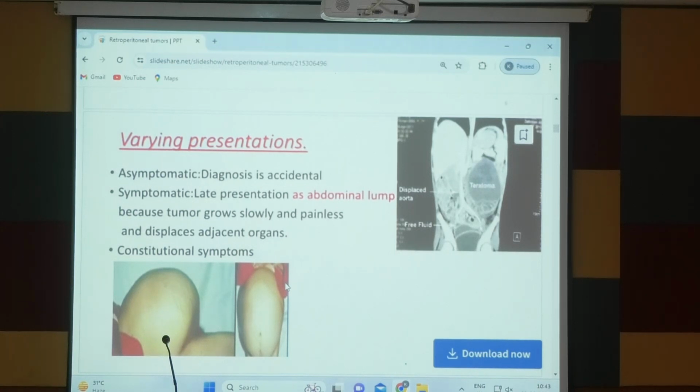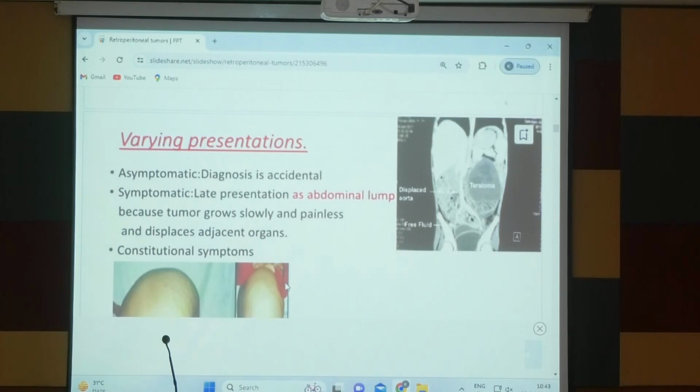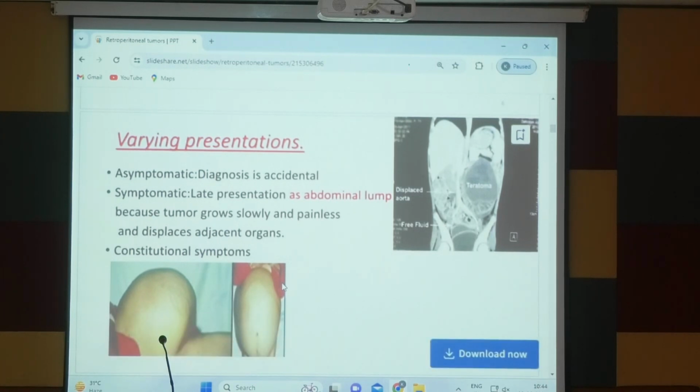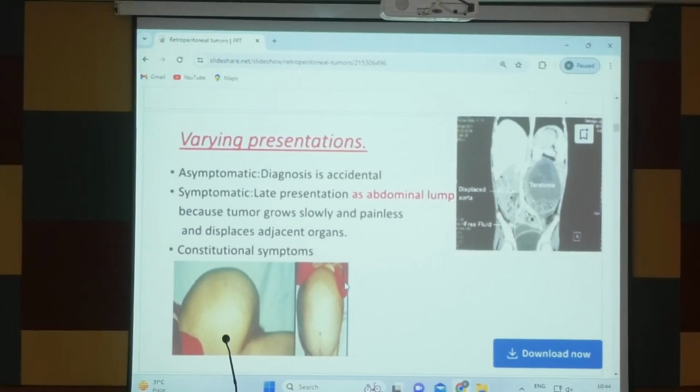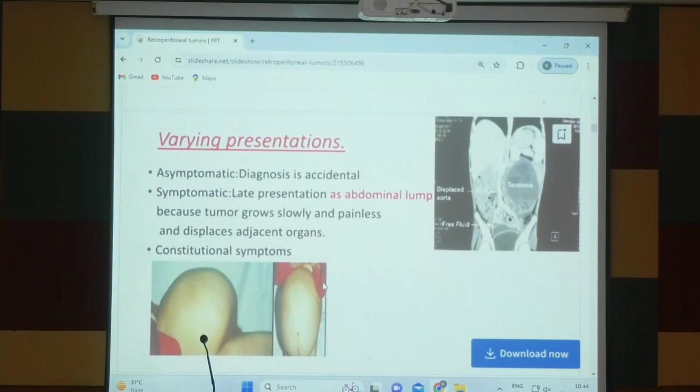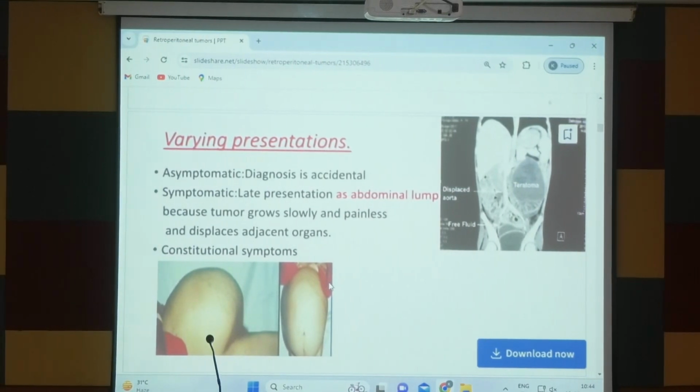Then the legs swell, lymphatics are not returning back, and they will cause swelling in the abdomen. If they put pressure on vessels and nerves, there might be a tingling sensation in the limbs. If they cause pressure, there might be obstruction, pain, abdominal and bowel symptoms.